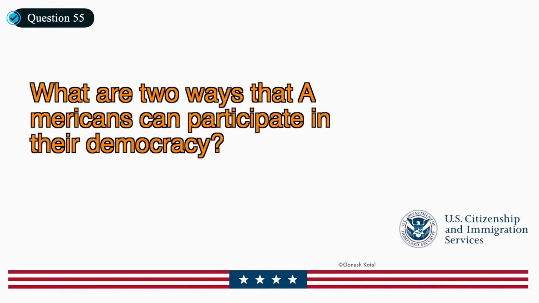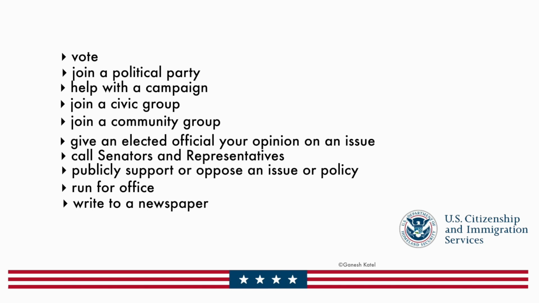What are two ways that Americans can participate in their democracy? Vote. Join a political party. Help with a campaign. Join a civic group.